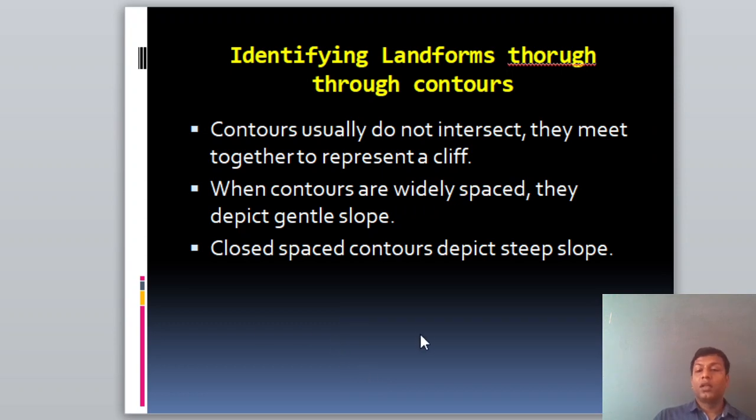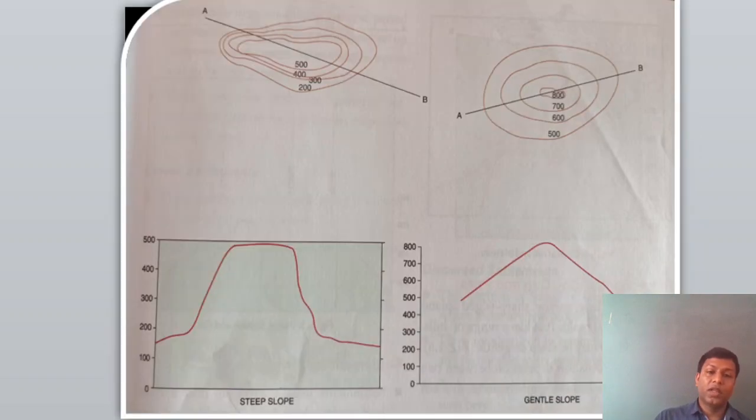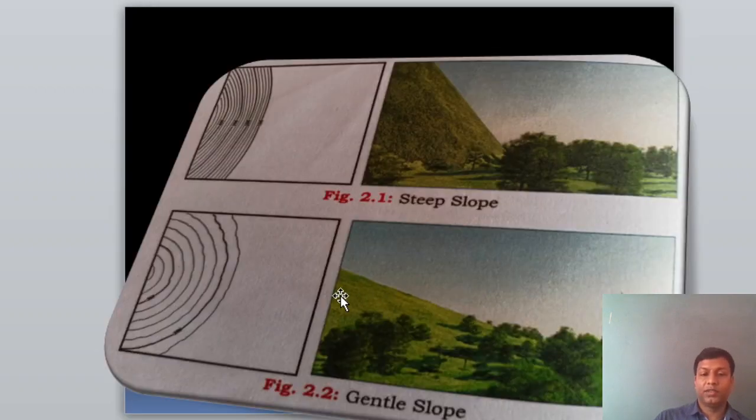Now, identifying the landforms through contours. Before that, we have slope, steep slope and gentle slope. Look at this picture. This is a gentle slope, this is a steep slope. A steep slope has contour lines very near to each other. There are very few gaps between two contour lines.